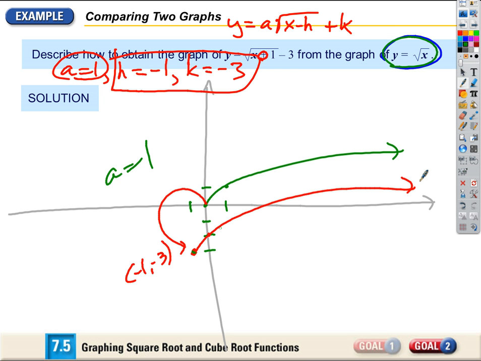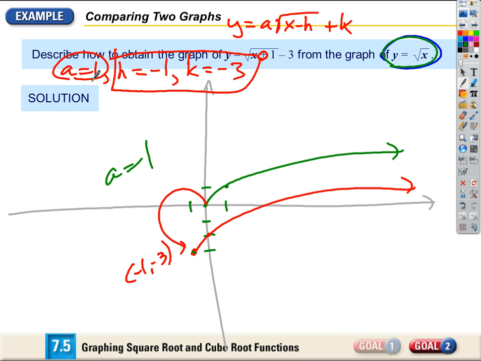Right? So the shortcut is you start with the location of hk, and you use a to sketch the graph. So you go, x is -1, y is -3. And then you use a from there.